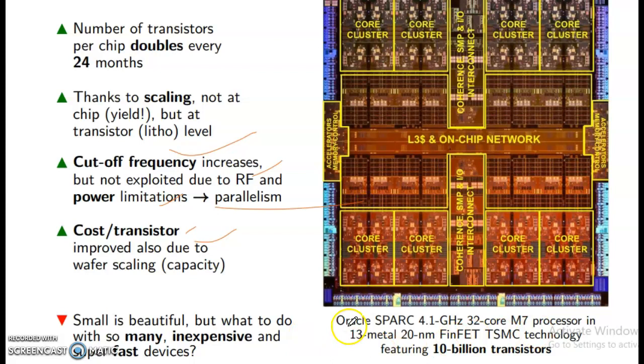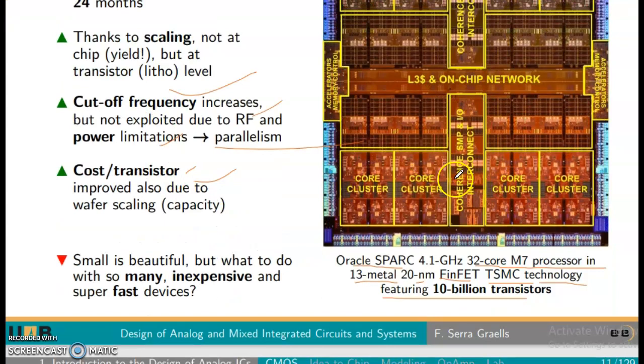Parallelism: Oracle SPARC 4.1 GHz 32-core M7 processor in 13 metal 20 nanometer FinFET TSMC technology featuring 10 billion transistors.